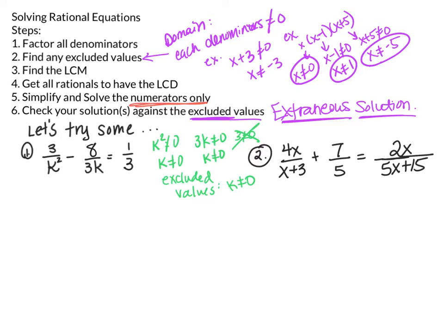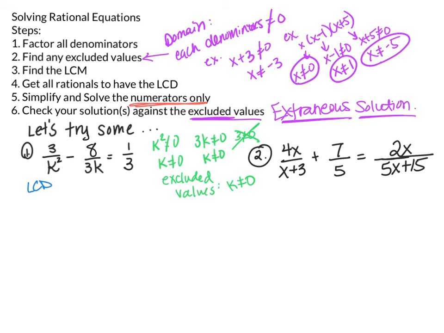Now that we've got those excluded values, we're going to find that least common multiple, that least common denominator, and get everything set to go. I look at this and say, okay, I've got a k squared, a 3k, and a 3. What is that least common denominator going to have to be?